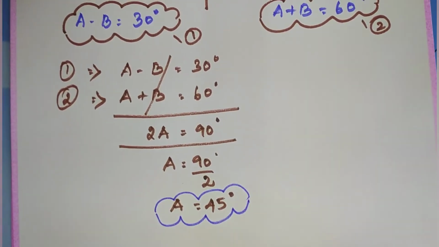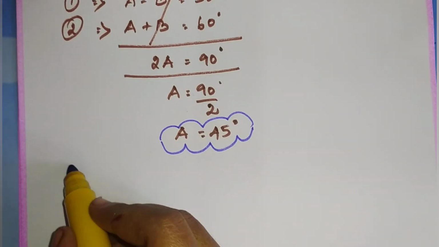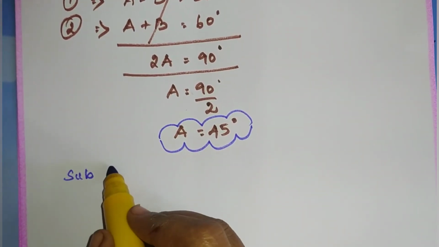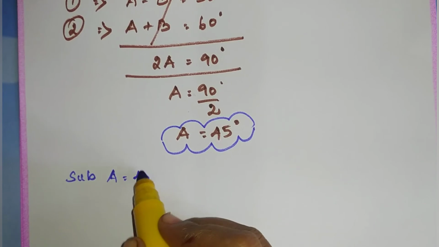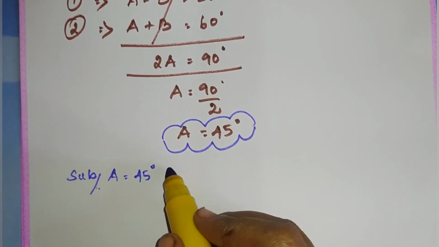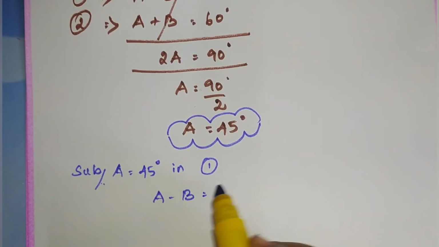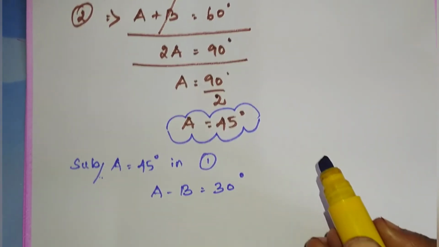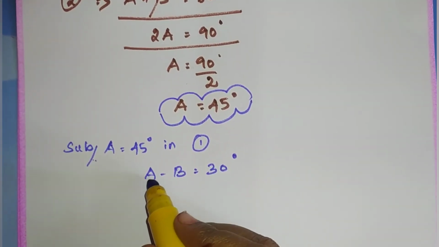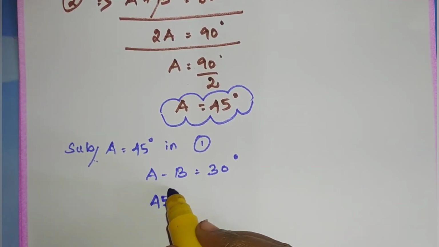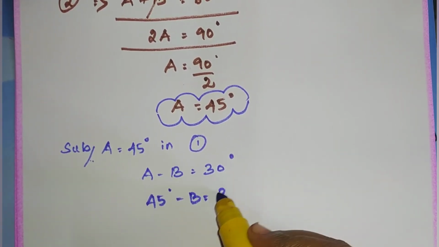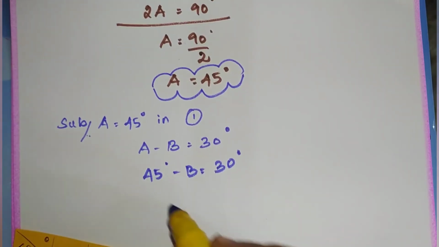Now next what we have to do? Substitute A is equal to 45 degree in equation 1, A minus B is equal to 30 degree. So instead of A, I am going to substitute 45 degree minus B is equal to 30 degree.